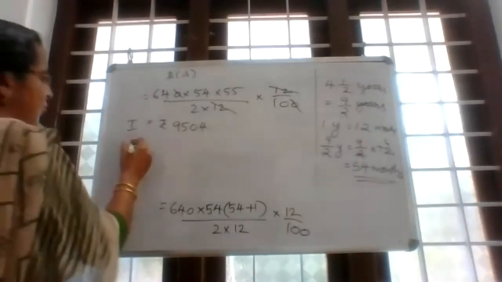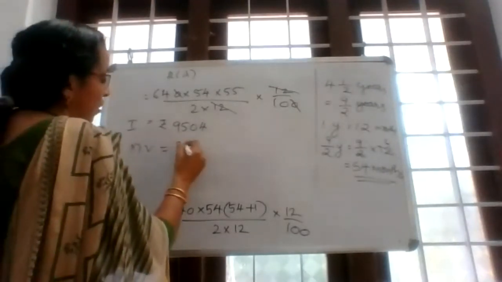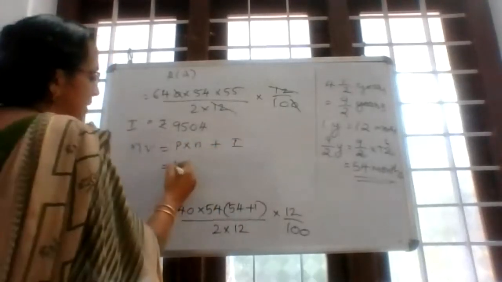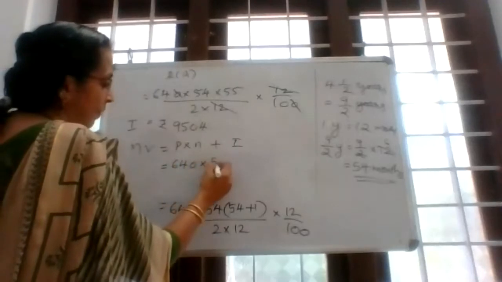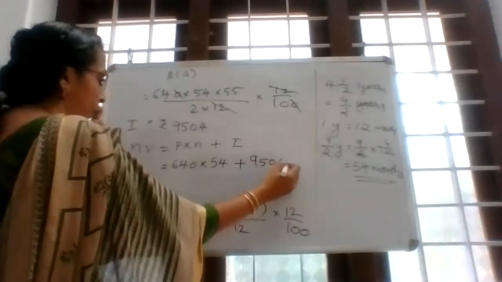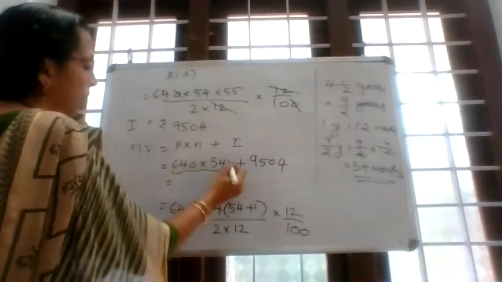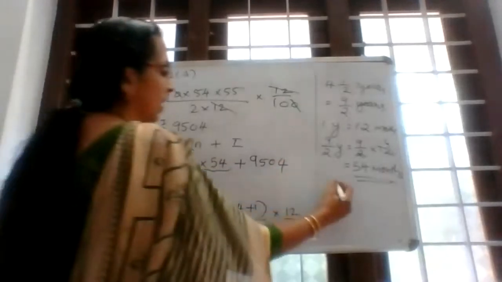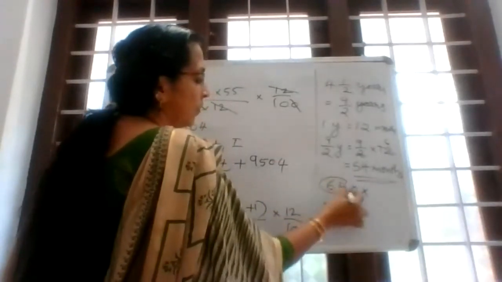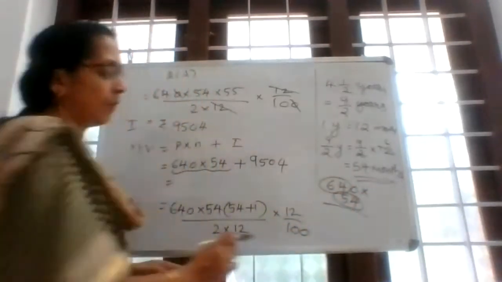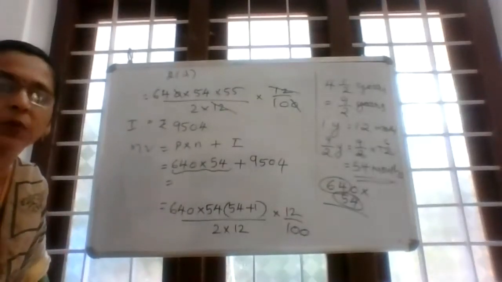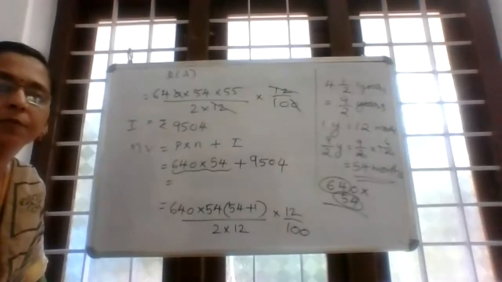9,504. The next maturity value is equal to P into N plus I. So P is 640 into N 54 plus I we got as 9,504. So find out 640 into 54. Do it in the working column. First we can do 64 and 54, then add the 0, that is better. So do it and find the value.